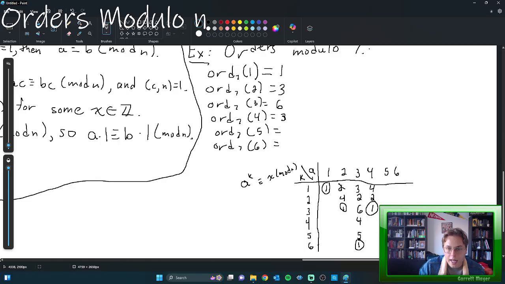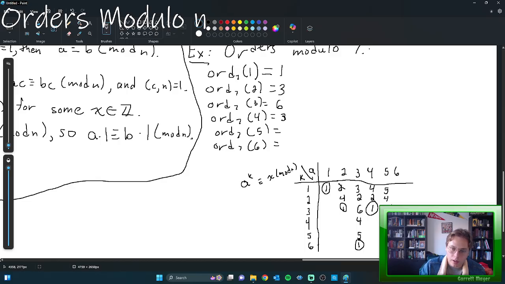Okay, and then next we have 5. So for 5, you take 5 to the power of 1, you get 5. 5 squared is 25, which is 4 larger than 21. So 4. 4 times 5 is 20, which is 6 larger than 14. So that's congruent to 6 modulo 7.